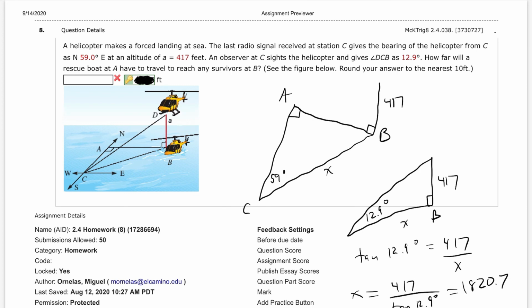So that would become this distance here. All right, and now that we have this length and this angle, we should be able to figure out the distance from the rescue boat to the fallen helicopter. So this distance here is what we're actually looking for.